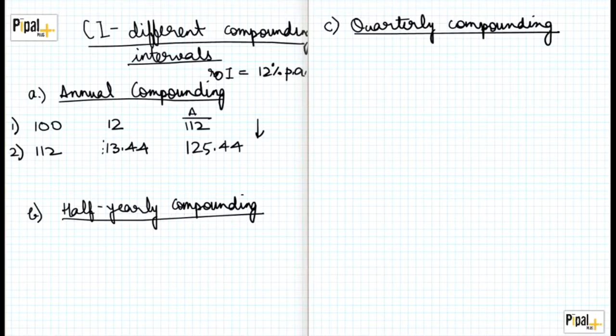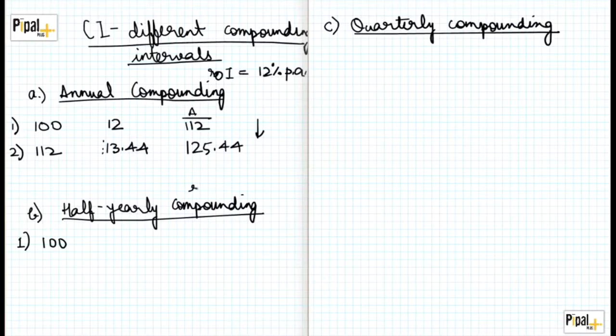But in case of half yearly compounding, how does this change? Now the intervals of compounding are 6 months each. So the first compounding period is a 6-month period. When you start with 100 rupees, in 6 months, the 12% per annum becomes half of 12%, that is 6% per 6 months.